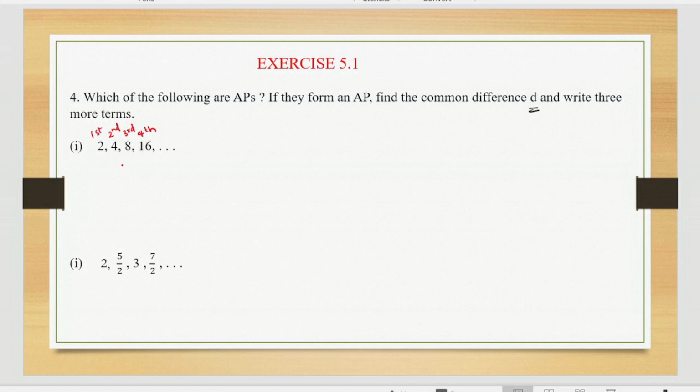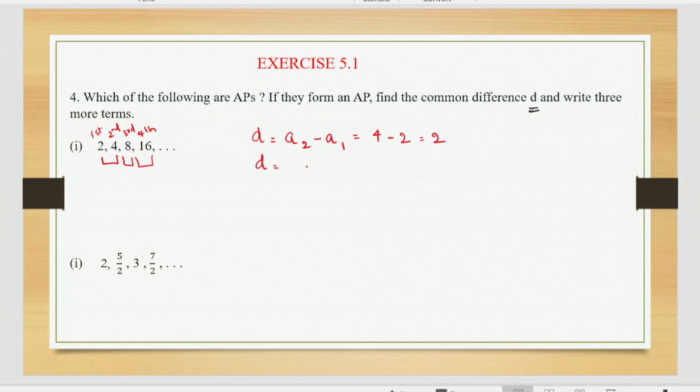We need to find the common difference of these terms. So the common difference D is equal to A2 minus A1, second term minus first term. What is the second term here? It is 4 minus the first term, which is 2. So the common difference for the first two terms is 2.